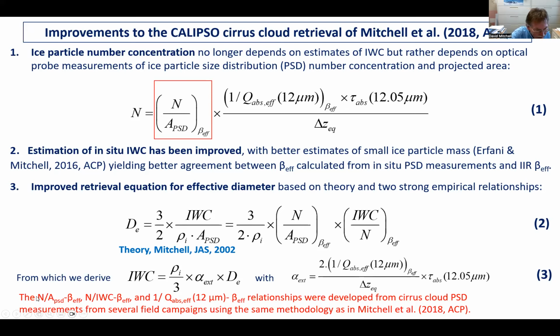So in essence, these are relationships of N over A related to the absorption optical depth ratio, beta, and N over ice water content, beta, and 1 over Q absorption. This is the absorption efficiency. Those are all related or based on several field campaigns, similar to the methodology in Mitchell et al. 2018.